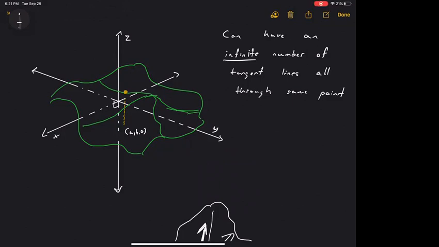So if I'm back at this yellow point on my curve, there's only one tangent line that you could think of as parallel to the x-axis, right? And maybe its slope goes like this, maybe it's downwards, or maybe it's upwards like that.